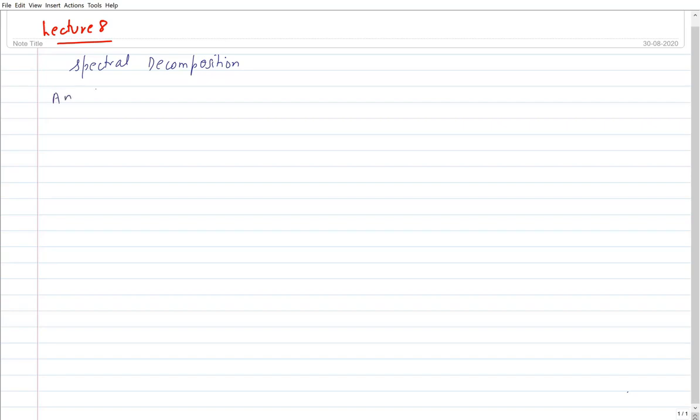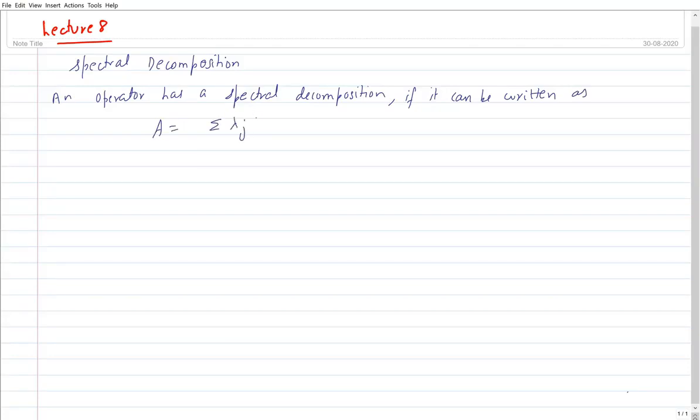So essentially an operator has a spectral decomposition if it can be written as this particular form. So of course this form assumes no degeneracy.